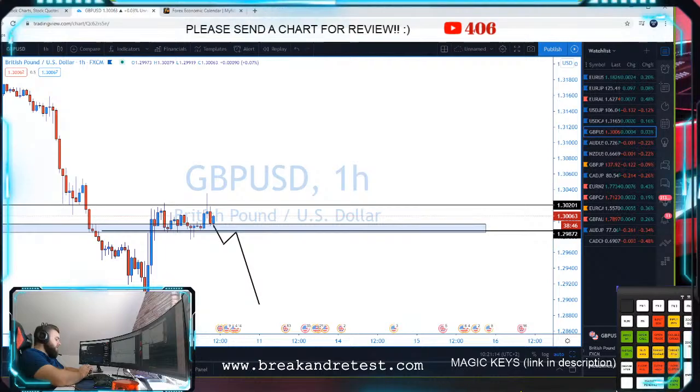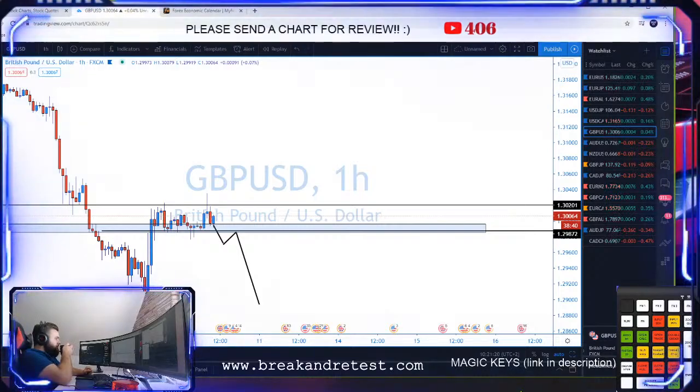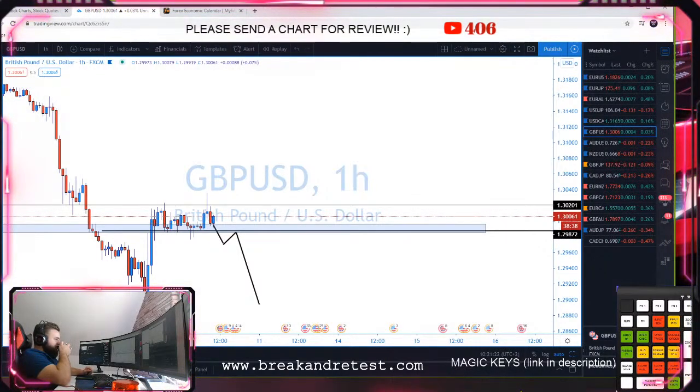Daily was the reason I wanted sells, but maybe we'll have a good buy setup here, which can happen, of course. It's just I wanted to go with the daily since the previous daily closed below. I think we should still continue down.